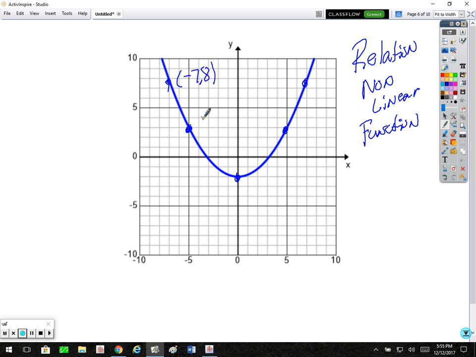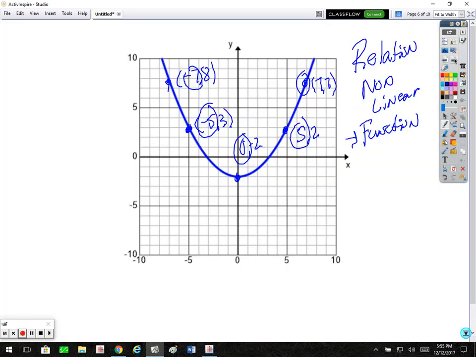This is negative 5, 3. This is 0, negative 2, 5, 2, and then 7, 7. Well, as you can see, all of my x values are different. That's what keeps this one a function.